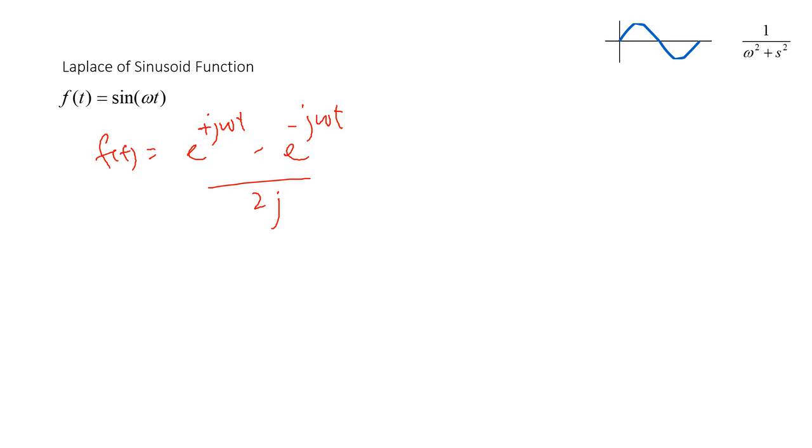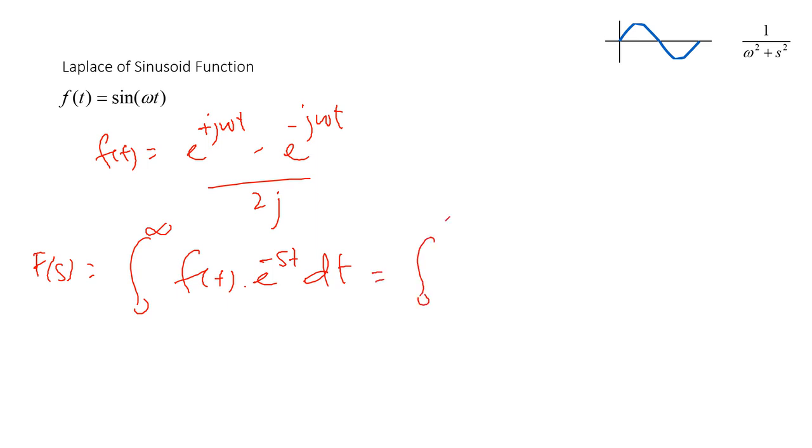So we will use this equation, and after that we will put it in the Laplace transform equation, that is integral from 0 to infinity of f of t e to the power minus st dt.